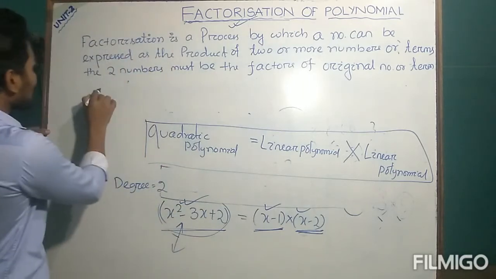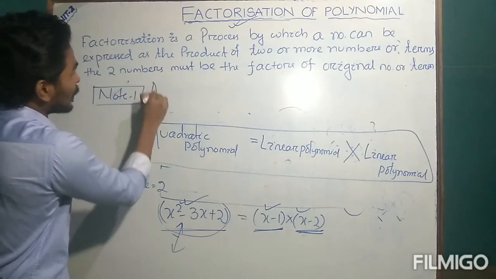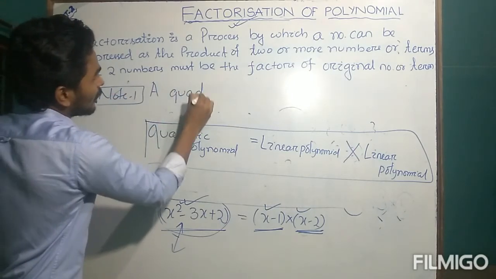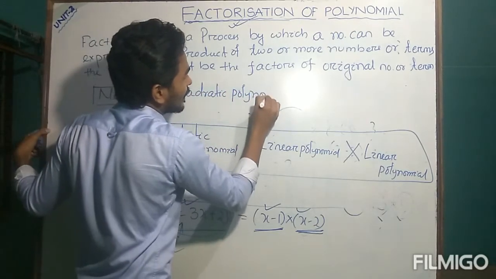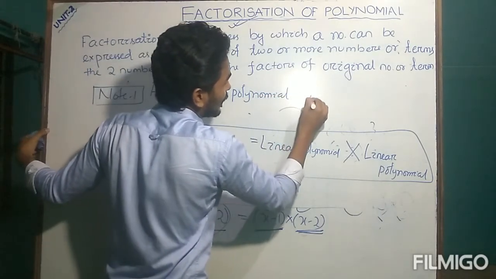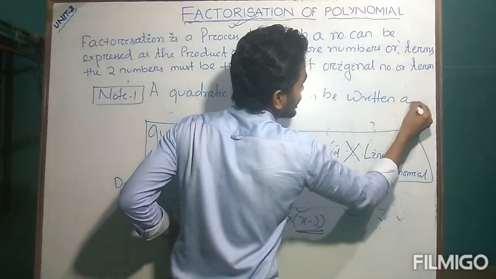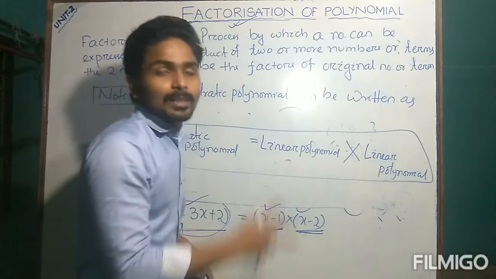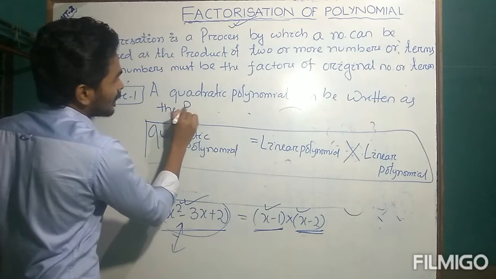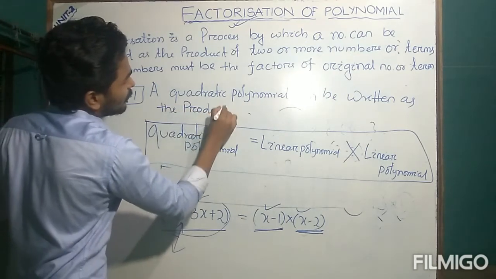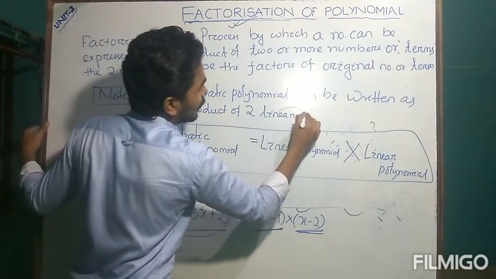Hence we can say, note 1: a quadratic polynomial can be written as the product of two linear polynomials.